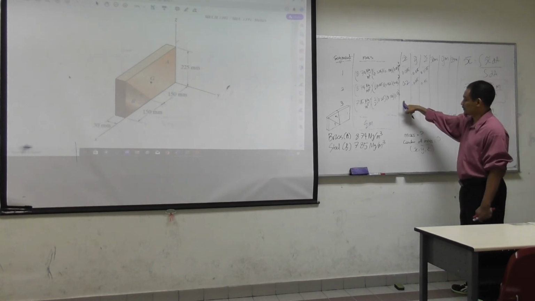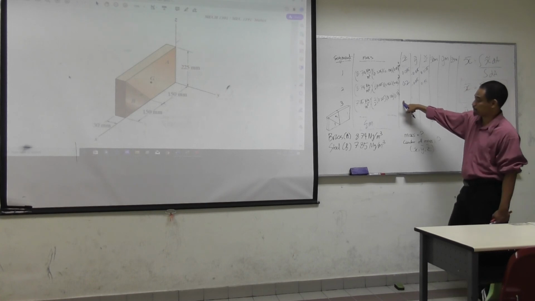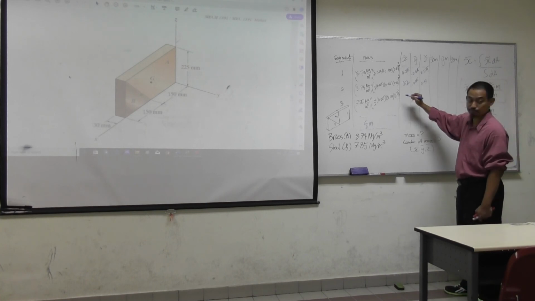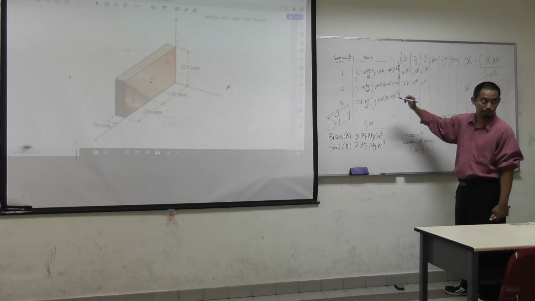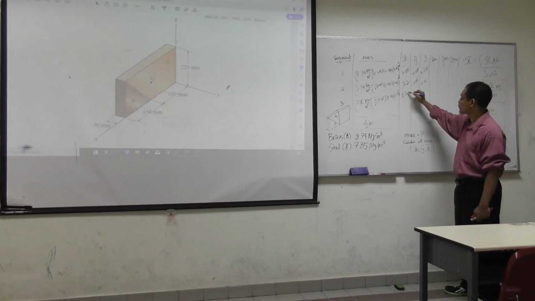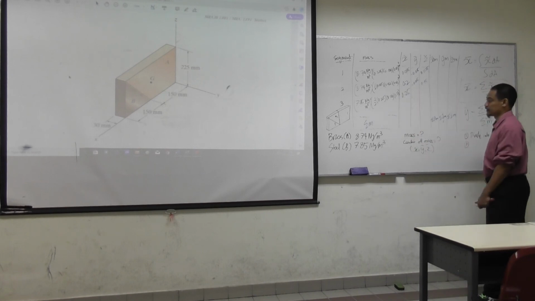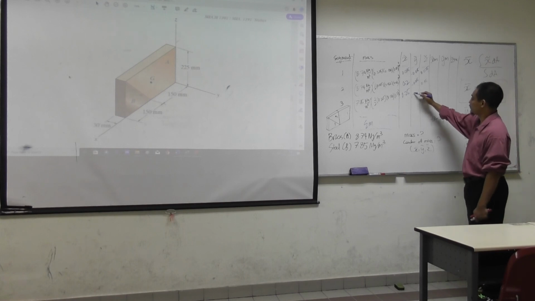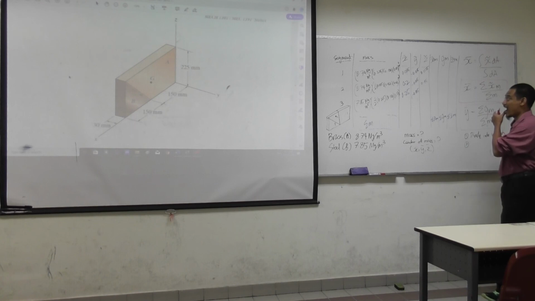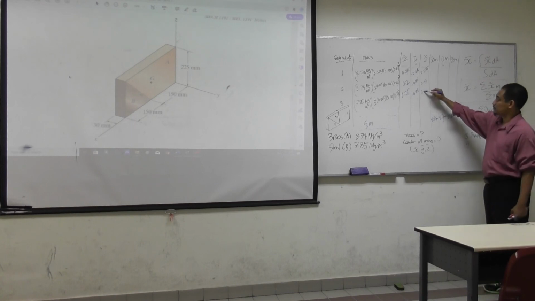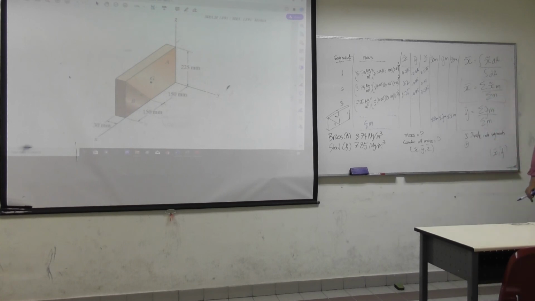Block number 3, segment number 3. X bar is? Y bar? Z bar? Then the rest is calculation.